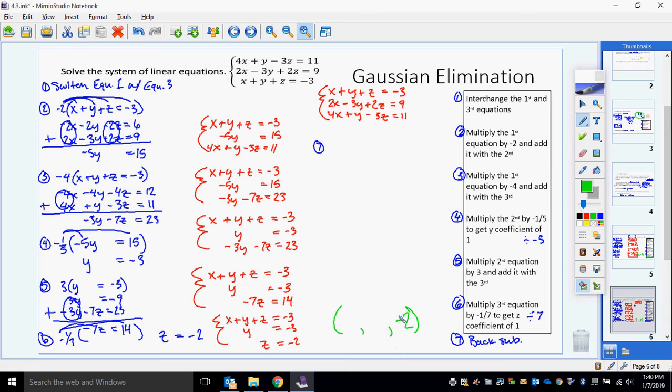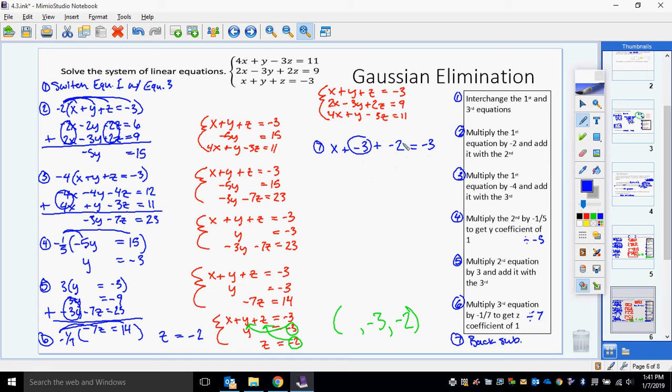Got one of them. So let's also look at equation 2. It says y equals negative 3. Oh my gosh, I already know what y equals. Okay, so now if I know z and I know y, I'm going to back substitute these two values into the top equation 1, which says x plus y, which is now negative 3, plus z, which is negative 2, equals negative 3.